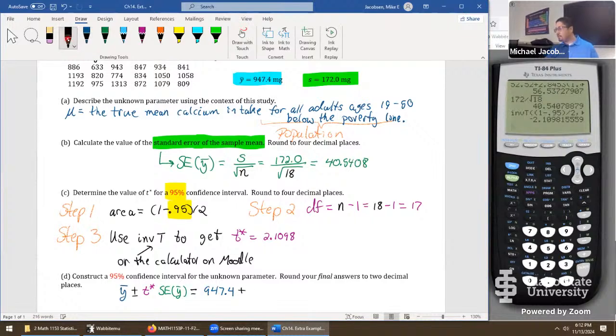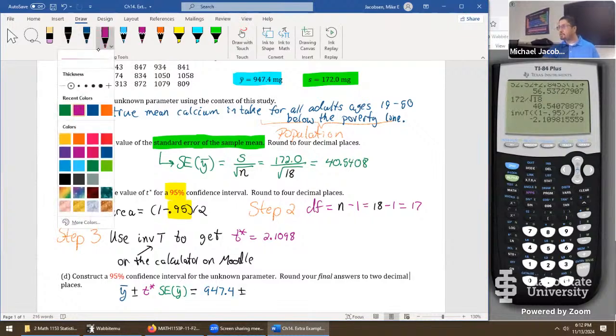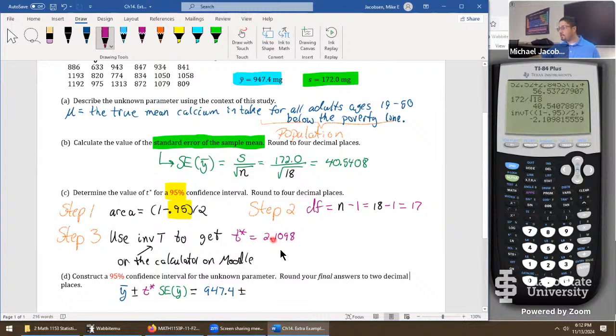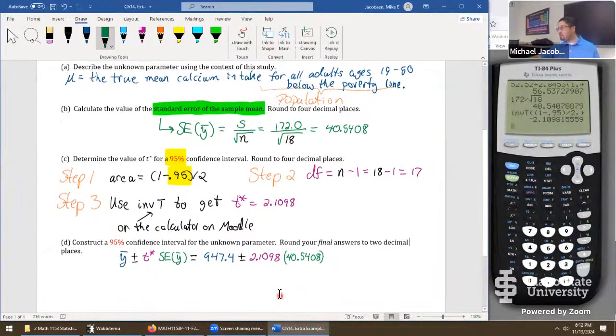From that, add and subtract critical number T star. So this figure, 2.1098. And then last thing to substitute in, for standard error y bar, go to our step part B there, and it's a 40.5408. So that's our total confidence interval.